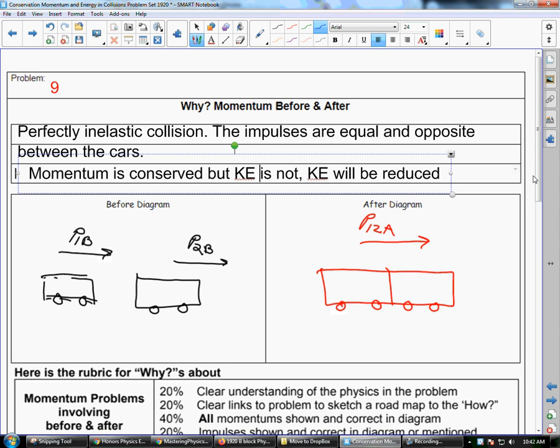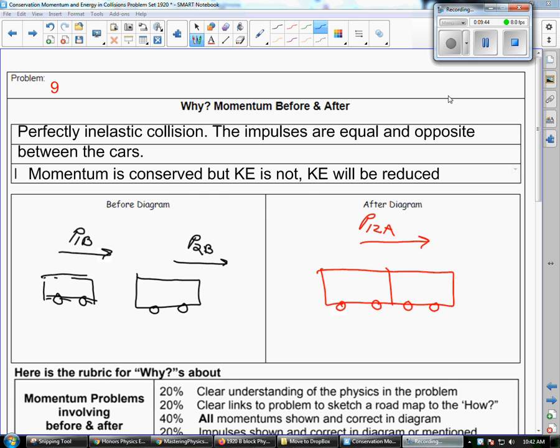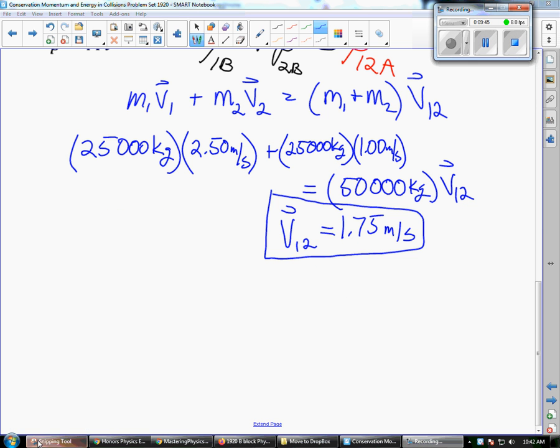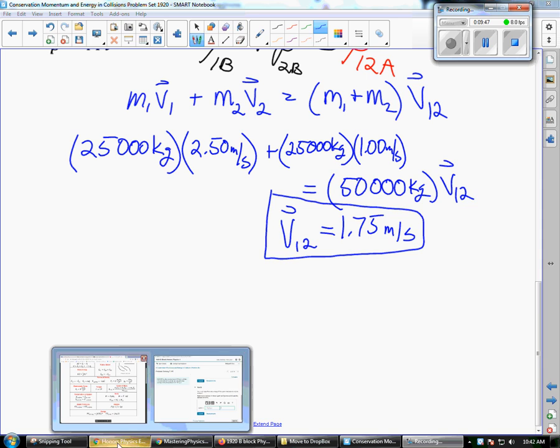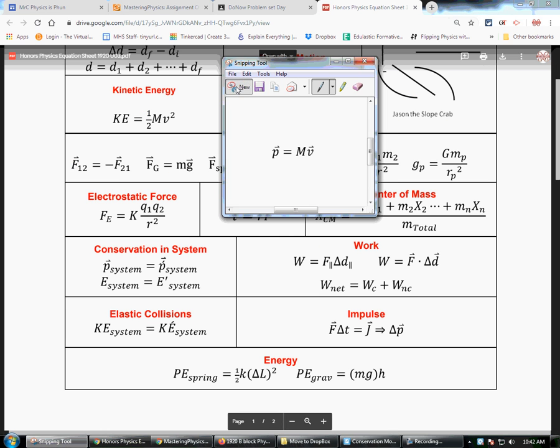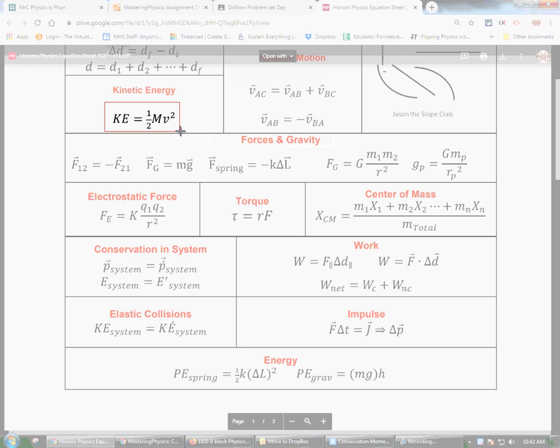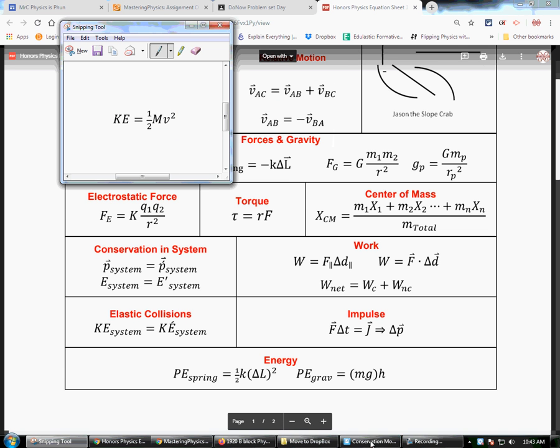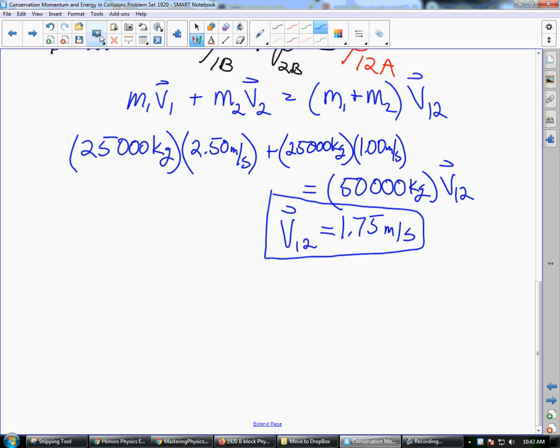That's what I think is happening. So, I do need my equation for kinetic energy now. I'll grab that.